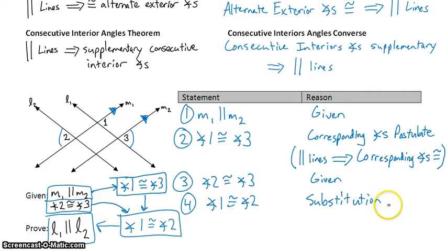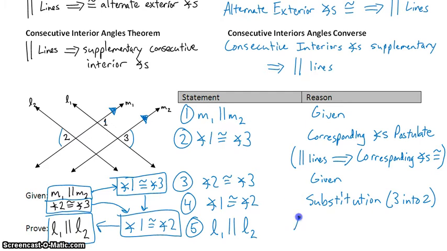I'm taking statement 3 and plugging it into statement 2 to create statement 4. Anytime that I see an angle 3, I can replace it with angle 2. Since angle 1 and angle 2 are congruent and they're alternate exterior angles, that proves that my lines are parallel.